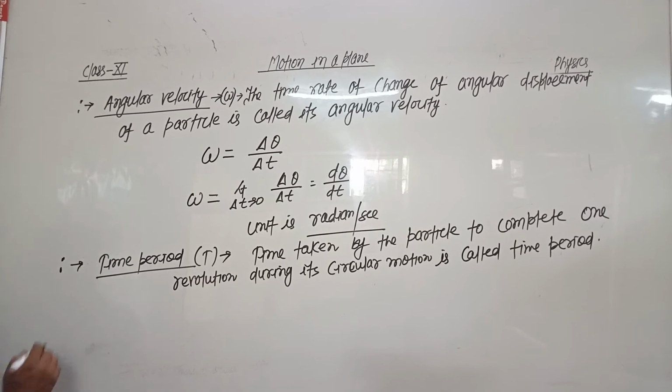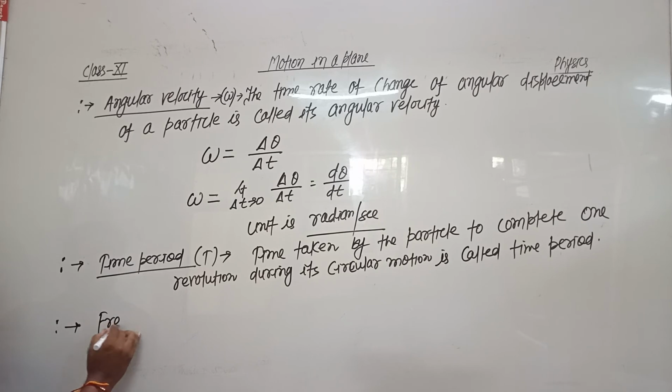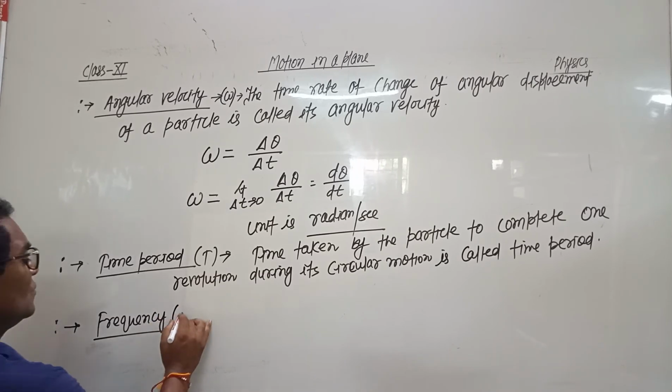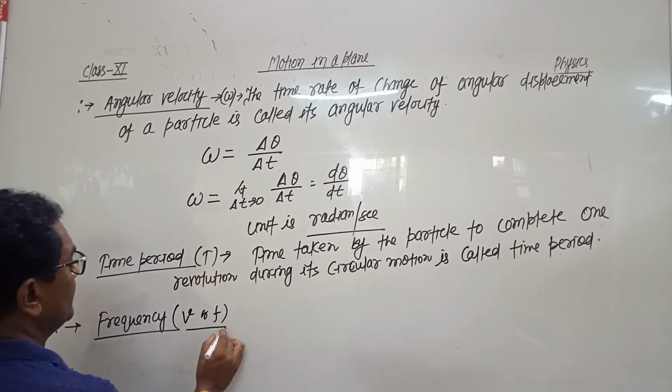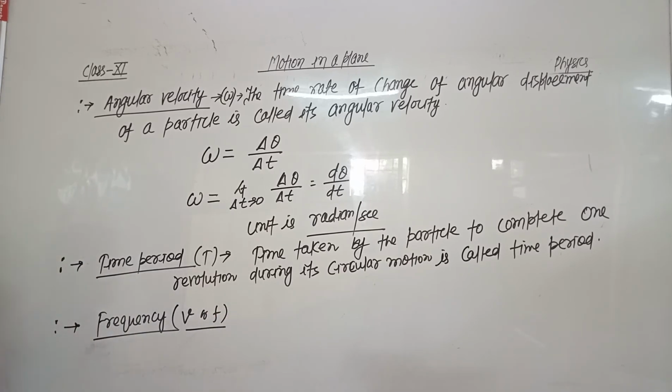And next, frequency. It is represented by nu or f. The definition is the number of revolutions completed per unit time.